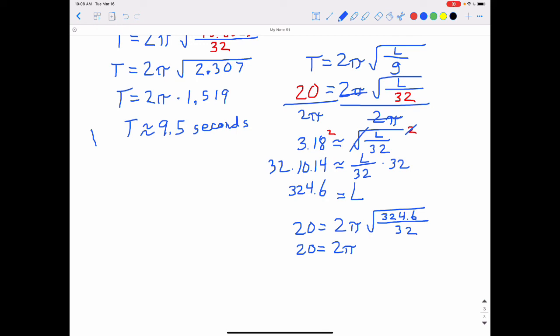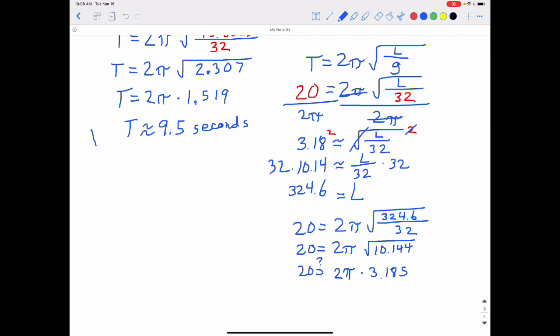So that gives me about the square root of 10.144. So when I take the square root of that, I get about 3.185. So does 20 really equal 2 pi times 3.185? So I need to take what's in my calculator times 2 and then times pi.